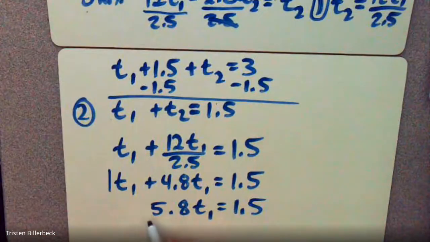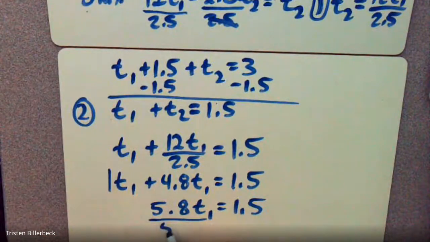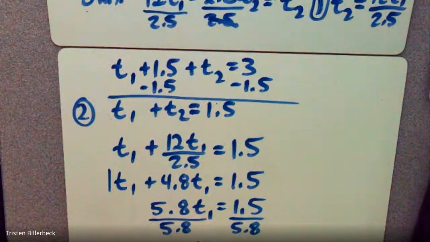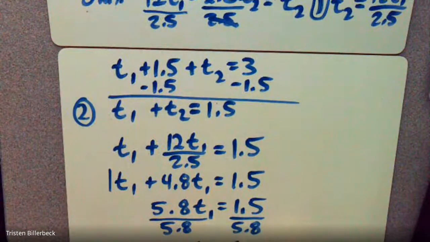Okay, so now I'm going to use a multiplicative inverse and divide by 5.8. And I get T1 equals 1.5 divided by 5.8, which gives me 0.259 hours. Oh, isn't that precious to work with?